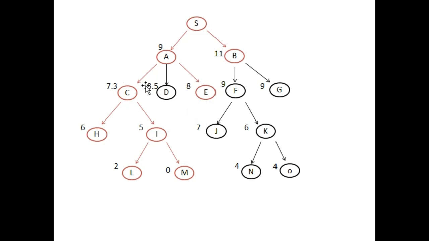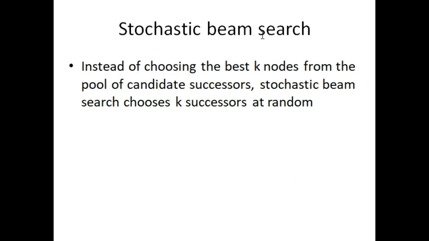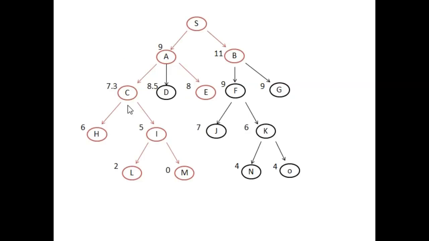Instead of picking the best, the stochastic beam search picks the candidate successors in a random manner. So what we do is randomly generate two numbers. For example, the random number is 1 and the random number is 5. At 1 it will pick this node, and for 5 it will pick this node.